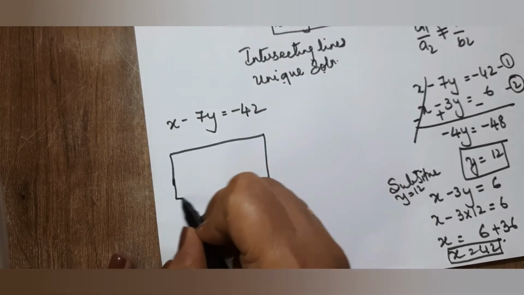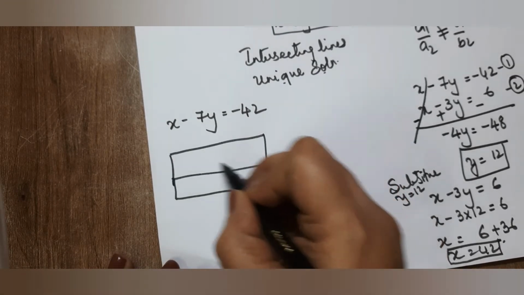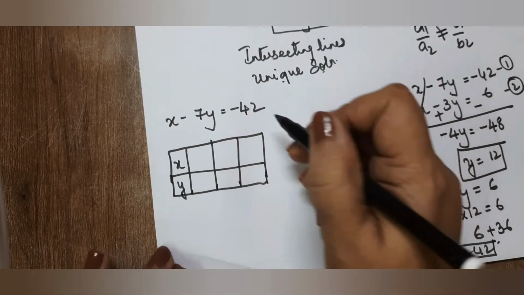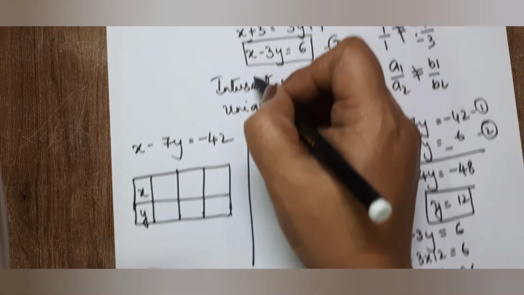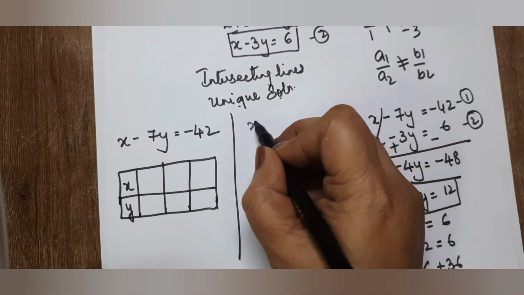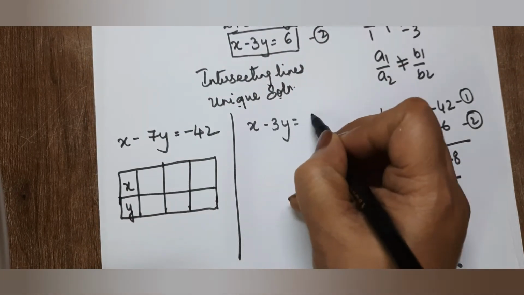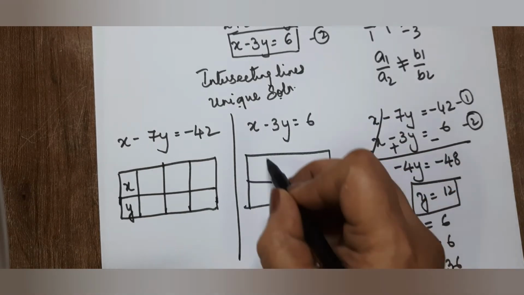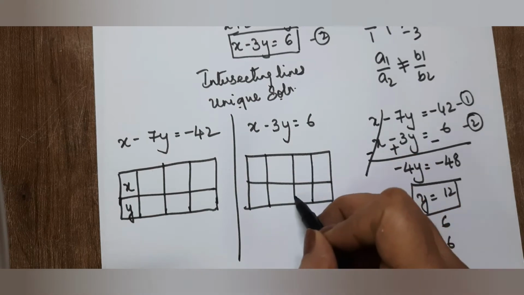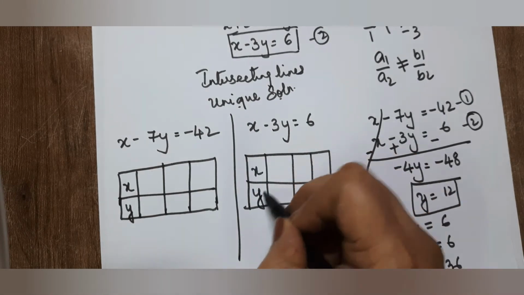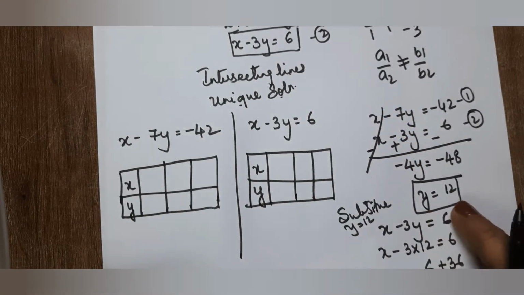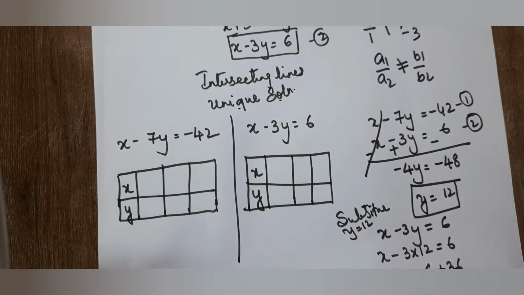Minimum 3 points are required, x and y, and for this second equation, y equal to 6, x and y. So we already know one coordinate, when y is 12, x should be 48, and it definitely will be 100%.